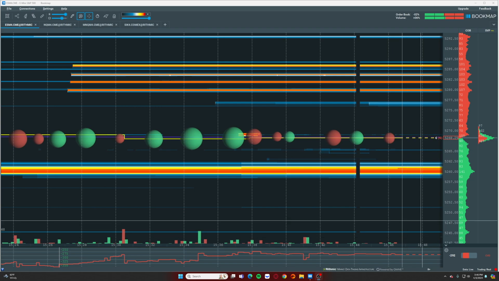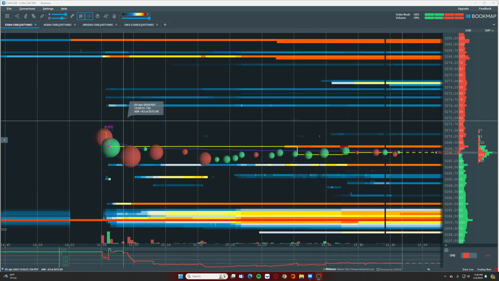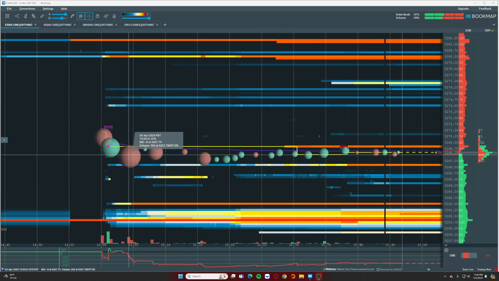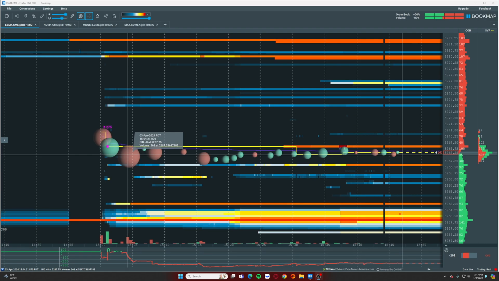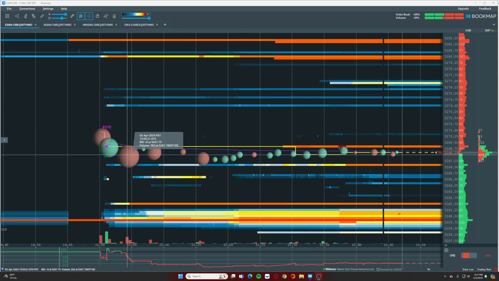So if I were to scroll in at this ball right here, this red ball, you can see it says volume 262, bid 8. So what does that tell me? There are 262 orders at this price level, 5267.78, that are being sold.